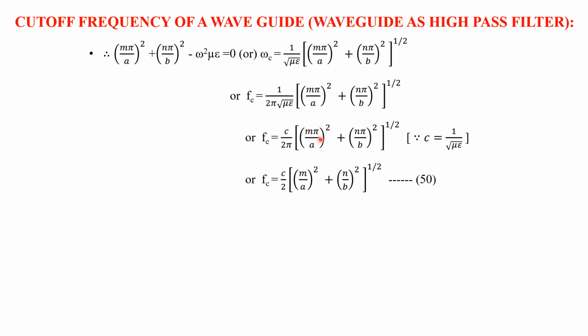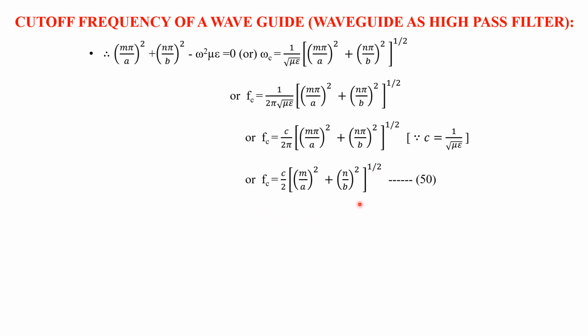Taking pi common in these two terms, the pi in the denominator and numerator cancel. Then our final cutoff frequency is fc equal to c by 2 into (m by a) whole square plus (n by b) whole square, whole to the power 1 by 2. This is the cutoff frequency of the waveguide.